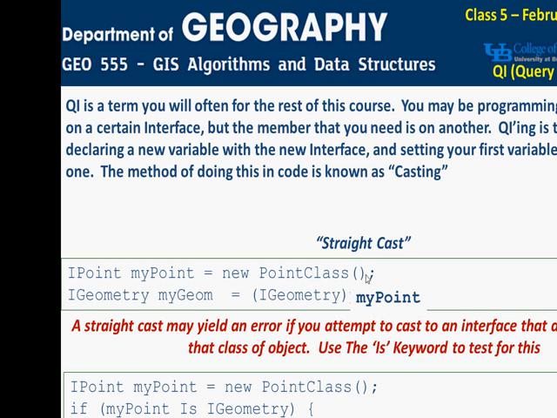So now we have two different variables pointed to the same object. So myPoint and myGeo both refer to it. That could be hard for people to visualize, it was for me. Both of those variables point to the same object. An example would be the player again, or one of you. This is a weird example, maybe it works. To your parents, you're their child.